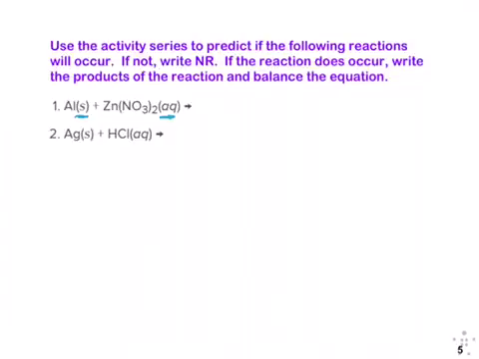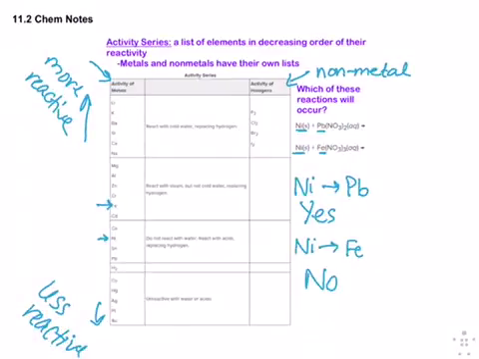So what two elements for reaction number 1 do we need to compare? Aluminum and zinc. So going back to this chart, you find aluminum here, and then you find zinc.